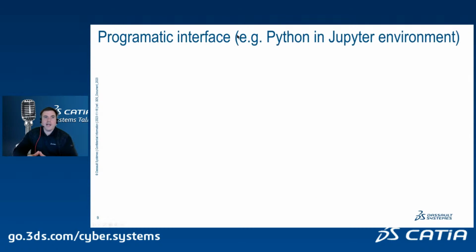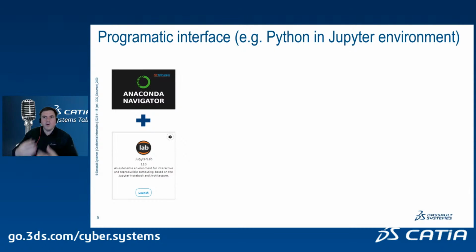And finally, the last way is the programmatic interface. We are providing the Python client for server-side simulation. What you are able to do is use the programmatic interfaces for communicating with the server, for running server-side execution. In our case, this is what I'm going to show you later on.